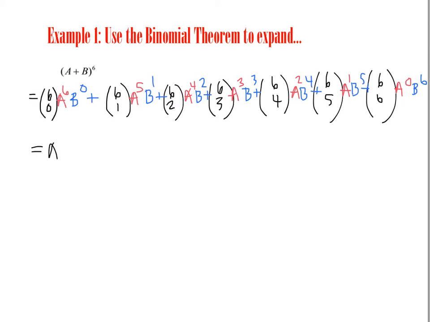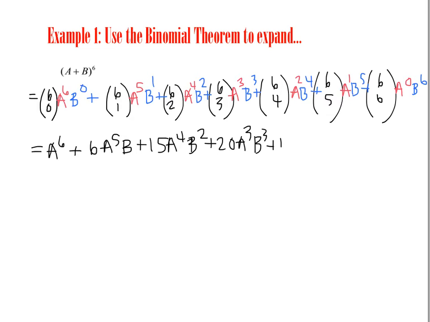So we'll get a to the 6th plus 6 choose 1 is 6, a to the 5th b, 6 choose 2 is 15, a to the 4th b squared, plus 20 a cubed b cubed, plus 15 a squared b to the 4th, plus 6 a b to the 5th, plus b to the 6th.